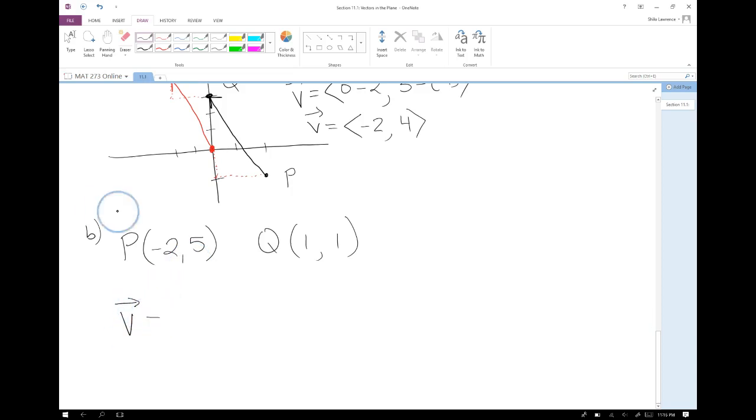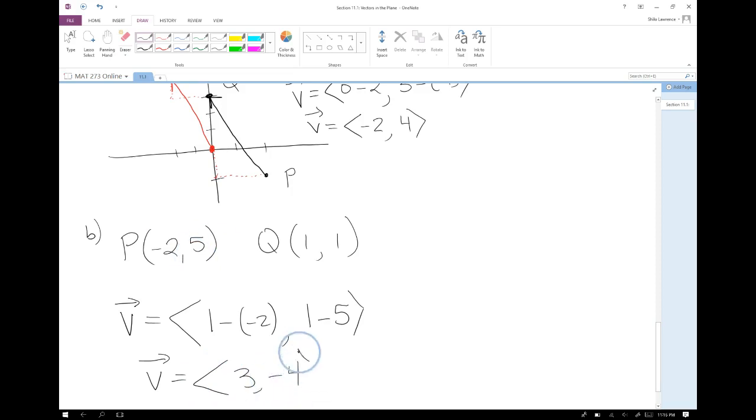If we apply our formula, we're going to do x2 minus x1, so 1 minus -2, and then y2 minus y1, which is 1 minus 5. So the component form for this vector is 3, -4. And this is the terminal point if we slide our vector into standard position.